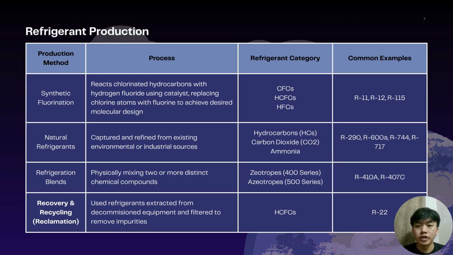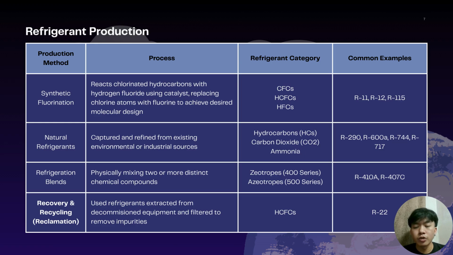Next is the refrigerant production. There are four production methods: synthetic fluorination, natural refrigerants, refrigerant blends, and recovery and recycling, or reclamation.